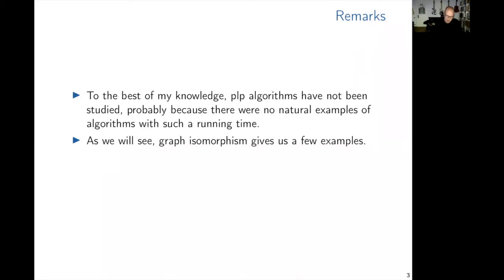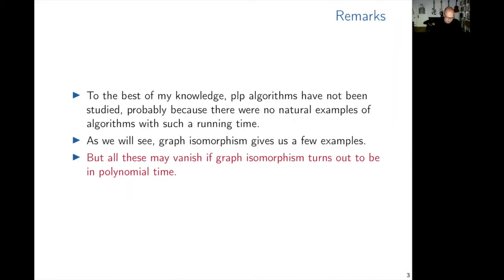However, before you get too excited, let me point out that all the examples may vanish at once if we find that graph isomorphism runs in polynomial time. But for the time being, I think it's somewhat interesting to look at these. Certainly for the specific problems and in the context of graph isomorphism, it makes a lot of sense to look at such running times. And they are somehow linked to FPT algorithms for the same parameterizations, but the picture is still a bit unclear.